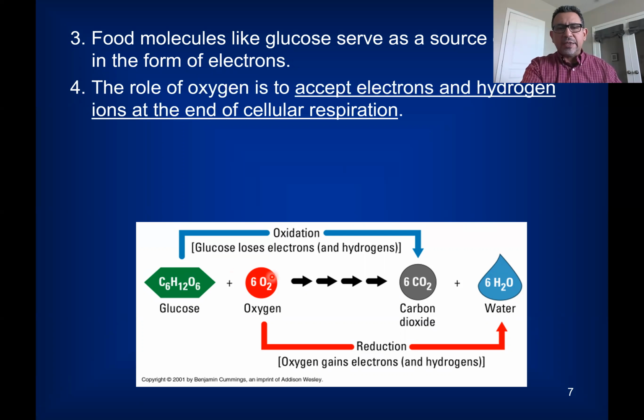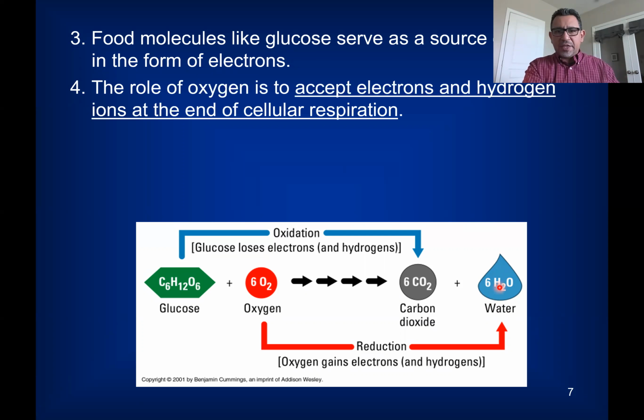What about oxygen? The role of oxygen is different. Oxygen is going to be there mostly for accepting the electrons that have been used in the process of making ATP, capturing them at the end of aerobic respiration, and helping do something else with them, which in this case is turning them into water.